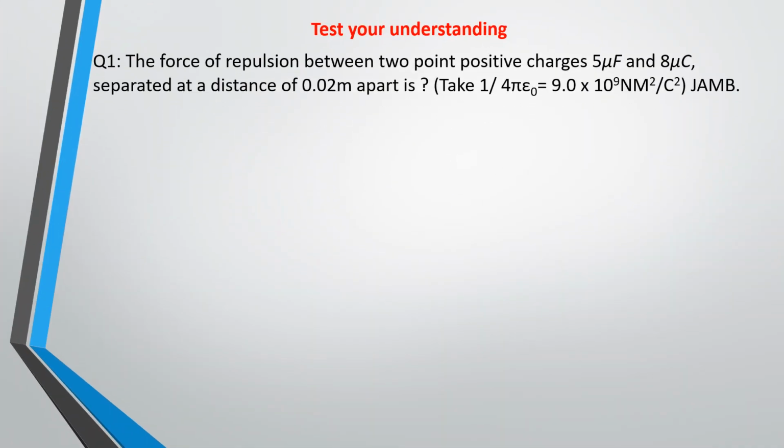So this is your test question. The force of repulsion between 2 point positive charges, 5 microcoulomb and 8 microcoulomb, separated by a distance this apart is what? Okay, the only hint I'm going to give you here is that you convert the microcoulomb to coulomb.